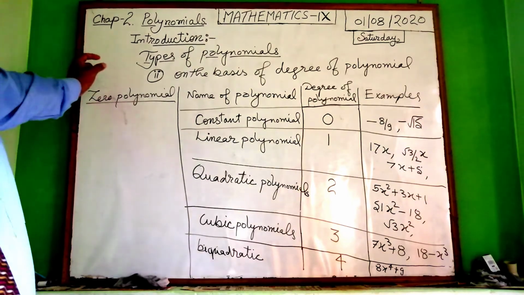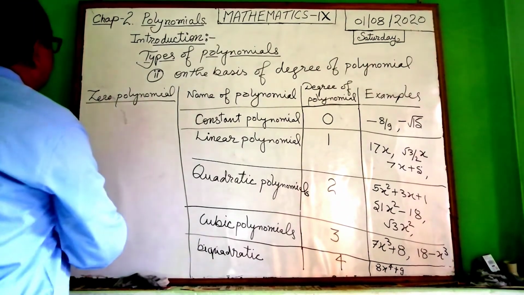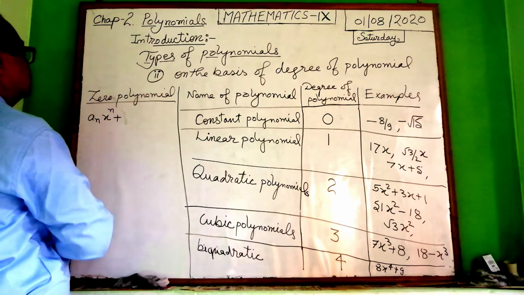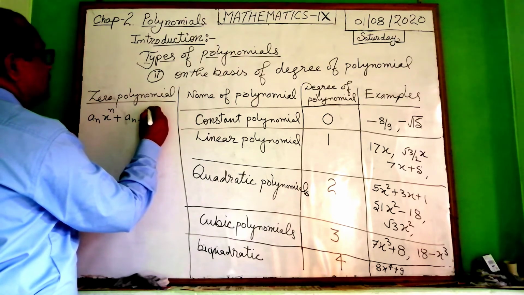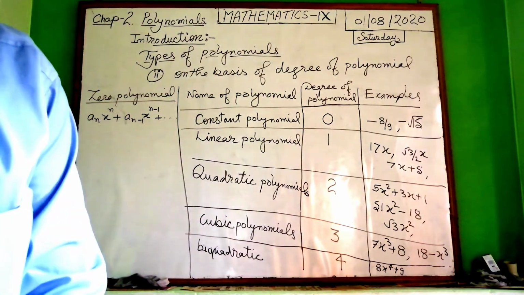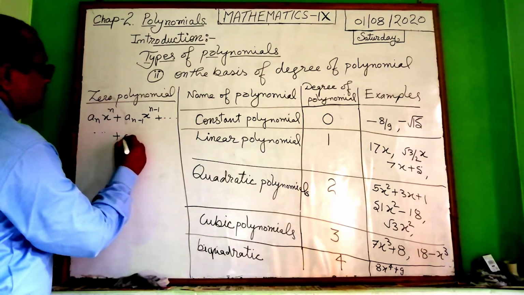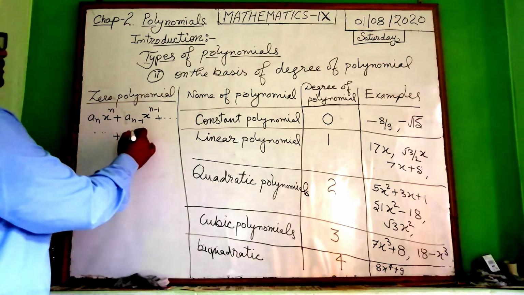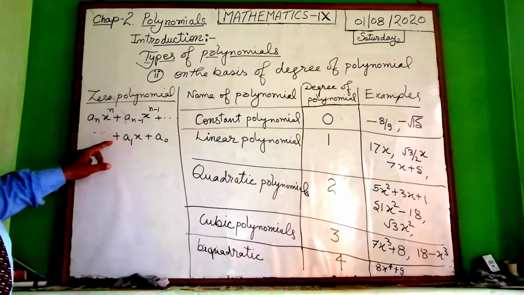Suppose there is a polynomial in x: an x to the power n plus an minus 1 x to the power n minus 1, and so on, plus a1x plus a0. So this is written in general form.